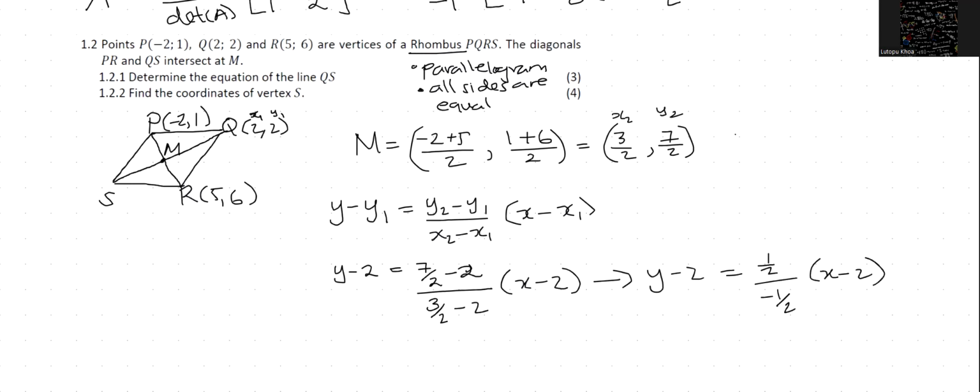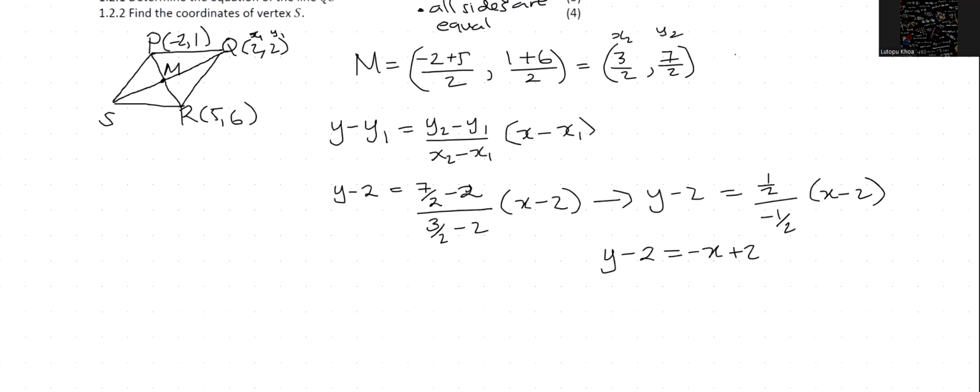So we have y minus 2 is equal to minus x plus 2. So QS has the equation y is equal to minus x plus 4. Okay, so that is the equation of the line QS.